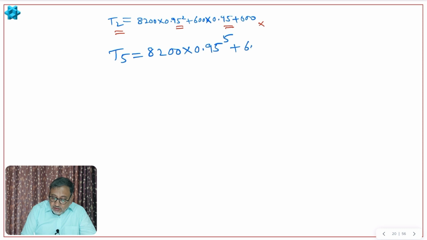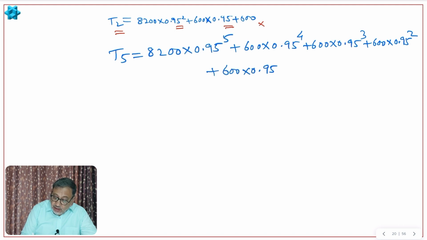Then 600 into 0.95, now decrease the power. So to the power 4 plus 600 into 0.95 to the power 3, 600 into 0.95 to the power 2 plus 600 into 0.95 to the power 1 and plus 600.